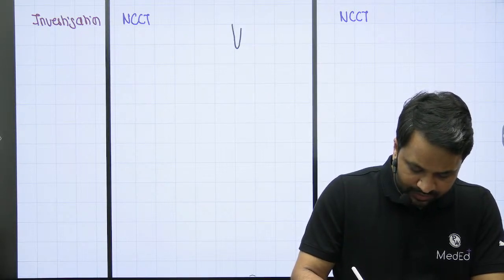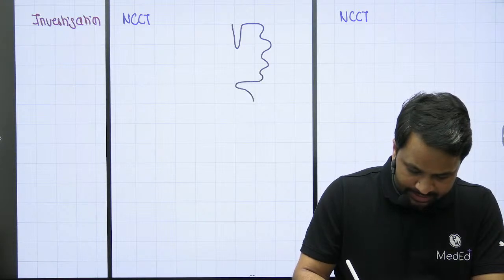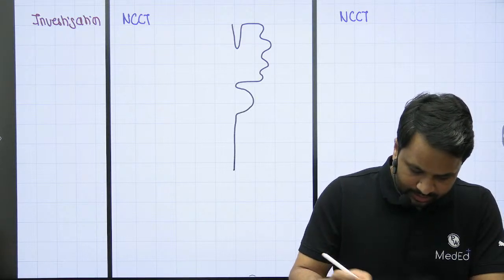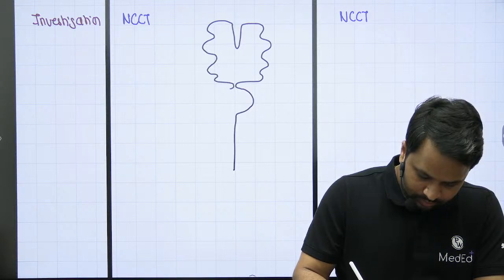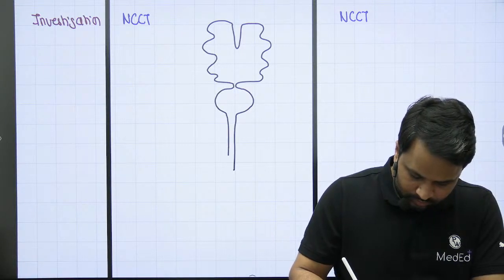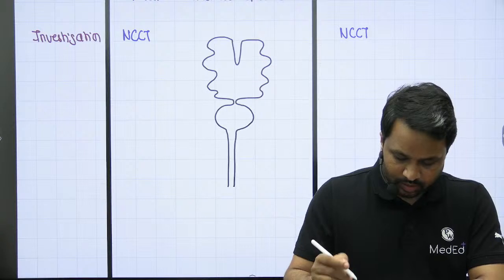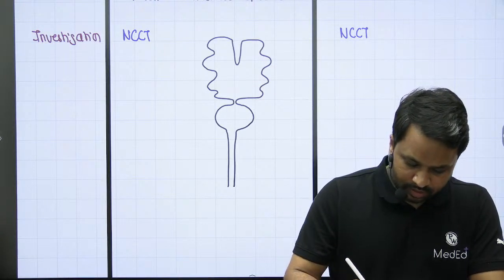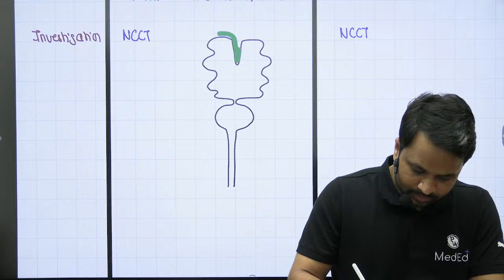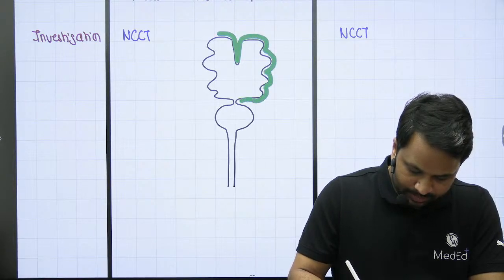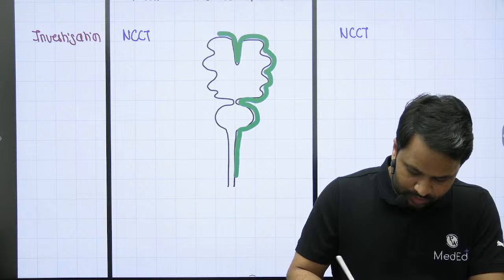So this is your falx cerebri, this is the tentorium, this is the cerebellum, and this is the brainstem. Okay, same here. Now same context which you have done here. So you will have the pia mater which remains inseparable. So this is the pia mater which is present all across.